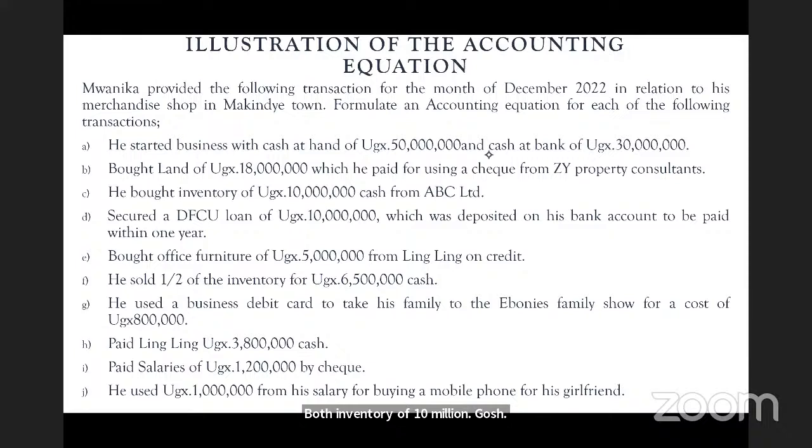Cash is going to be affected. Our cash is going to reduce in our new accounting equation. And then inventory, we are coming up with another resource because inventory is an economic resource. Current assets. So this transaction is going to affect only the left-hand side.